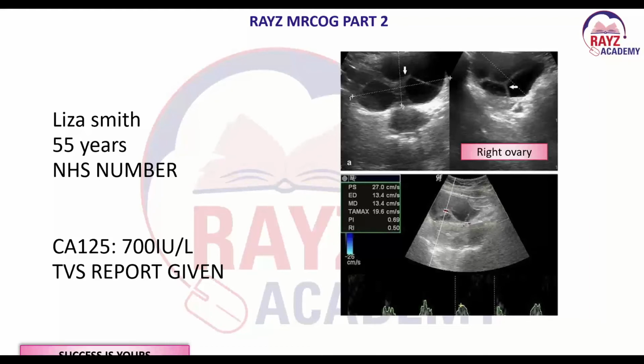Actually, this is not possible through the scan, Mrs. Smith. The staging of your condition is through surgery, because surgery will give us the final diagnosis, whether it is totally malignant or not, and also the staging and the extent of the tumor inside your tummy.